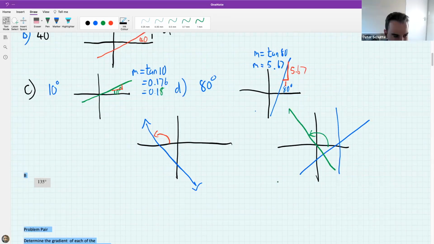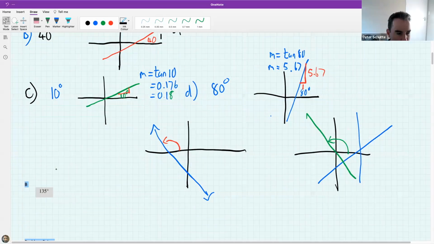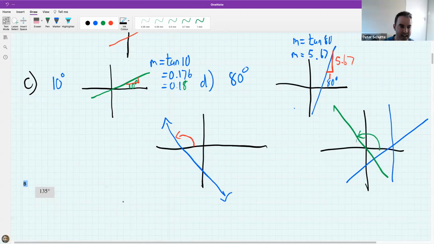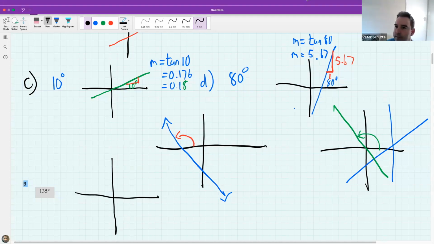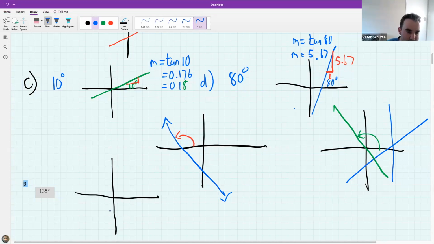Okay, let's take this out for a test drive. What is the gradient if the angle of inclination is 135?